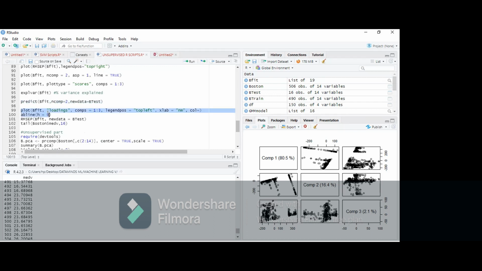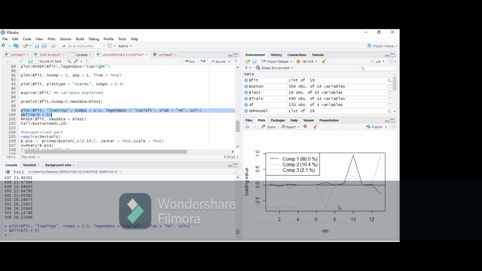Now let's see the plots. Looking at the plot that was earlier explained in the slide, the variable that mostly describes what happened in component 1 is the 10th variable, which is tax, the full-value property tax rate per $10,000.